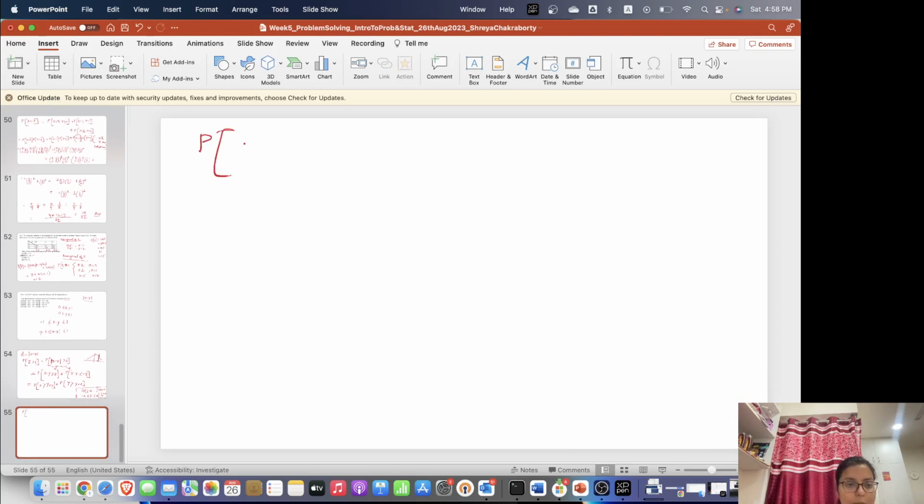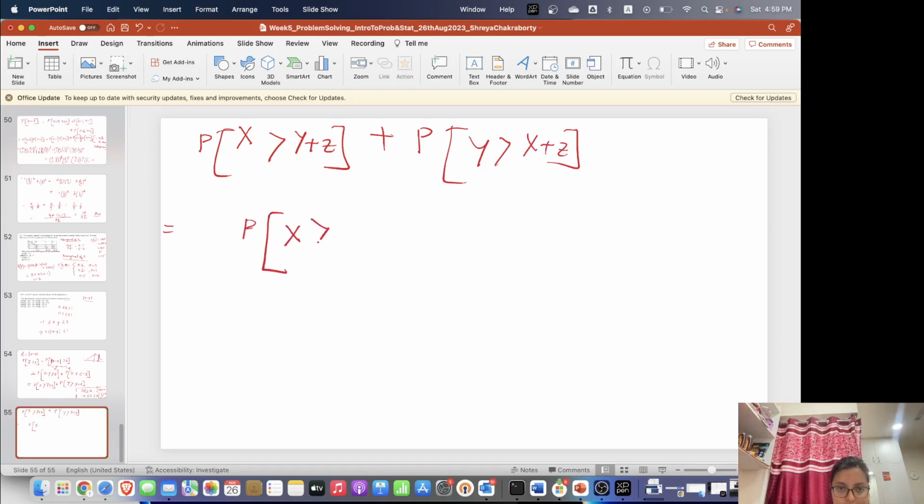So we have probability x greater than y plus z, plus probability y greater than x plus z. Applying the law of total probability, we can write this as probability x greater than y plus z given y equals y, into f_Y(y) dy.